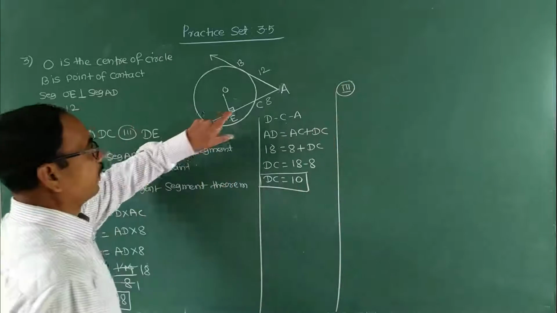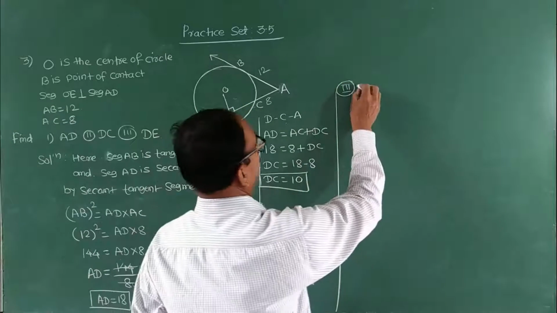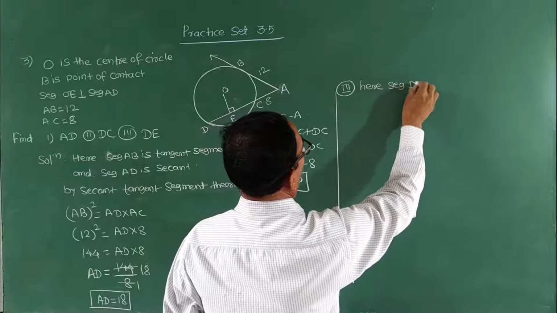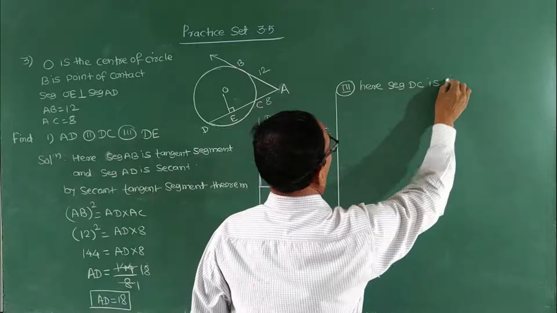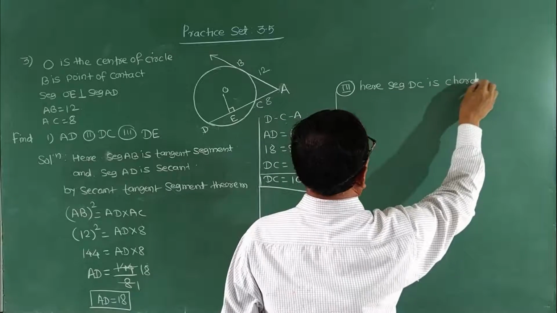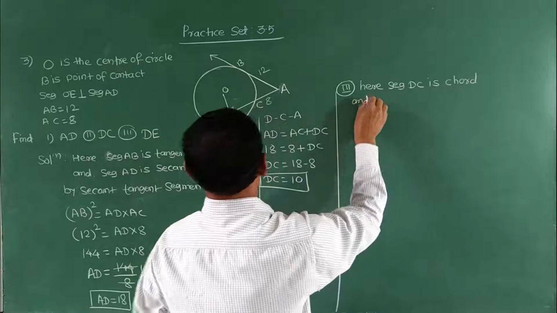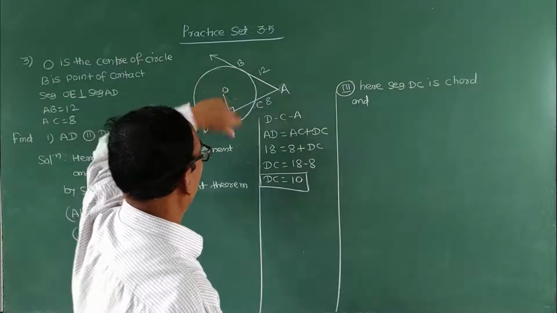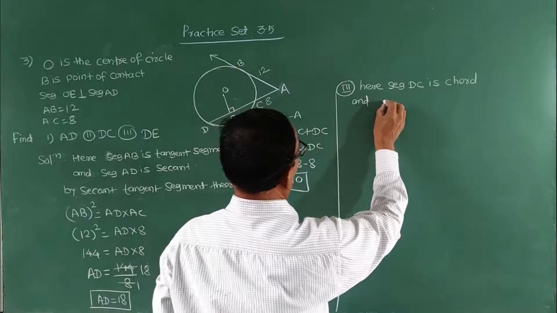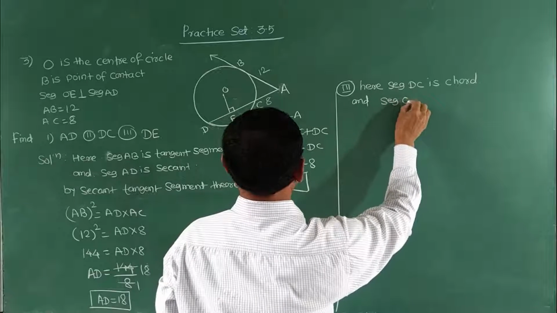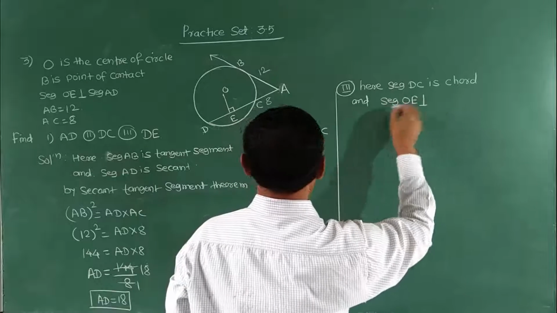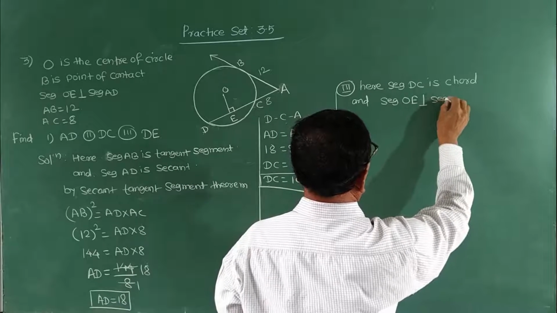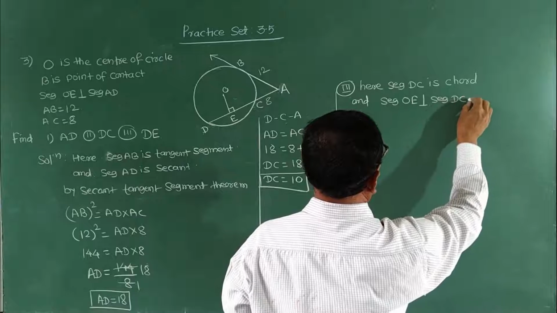Then to find the third answer, we know that DC is a chord. Here segment DC is a chord, and here OE is perpendicular on DC.